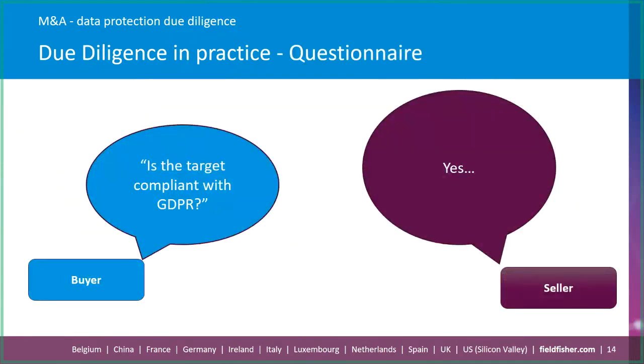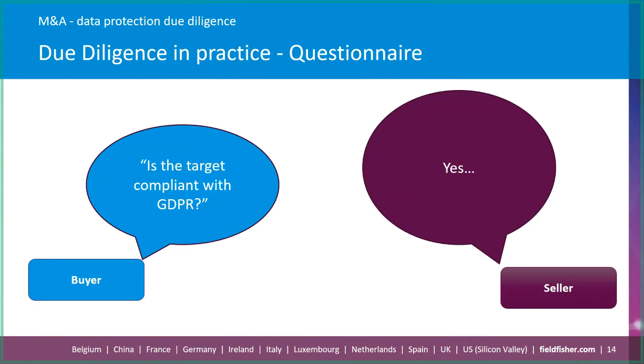So we're now coming to the due diligence questionnaire, which is really how you start to unpack the detail of what data is being held and how it's being held and how compliance is being conducted. So it's not, unfortunately, a question of just, is the target compliant with GDPR? Yes, it is. So your questionnaire is going to have to look at issues like, are there Article 28 terms in place with the processor?